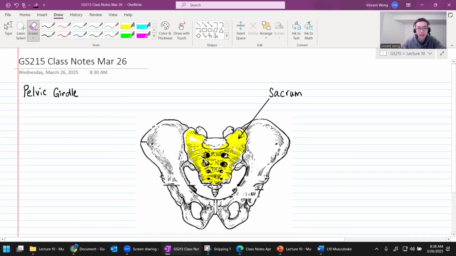And all these holes, that's again where the blood vessels and the nerves can pass through as well. There is a bit of a tailbone right here. The tailbone, or coccyx, is like 3 to 5 bones fused together.